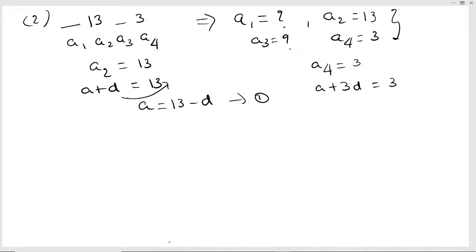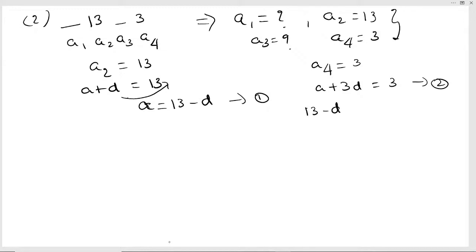Now here the A value is nothing but 13 minus D. So in the place of A I'll apply 13 minus D. I'll call this equation number 2. Here in the place of A I'll apply the value 13 minus D, because the first equation says A equals 13 minus D. So I have applied the A value here.